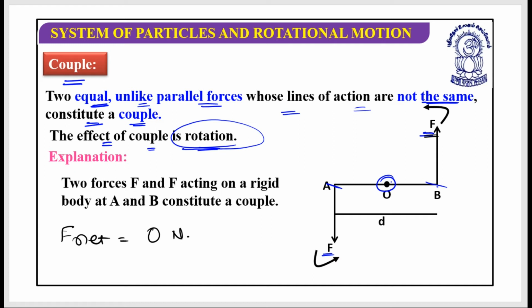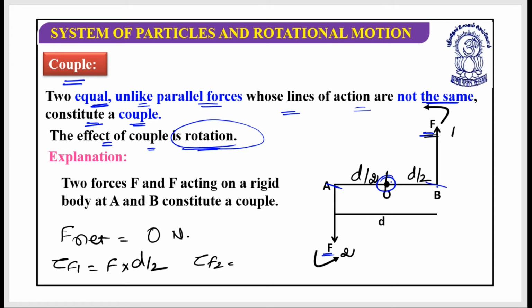But it has a net non-zero torque. Let's have a look. Assuming that this is the midpoint, this would be d by 2. Let's assume this is force 1 and this is force 2. Then I will replace it: F1 equals F2 equals F. So the torque due to F1 is F multiplied by d by 2.